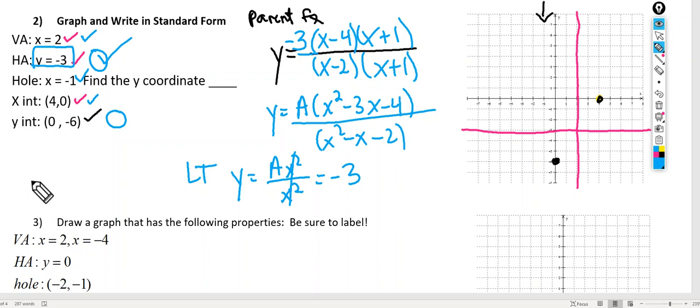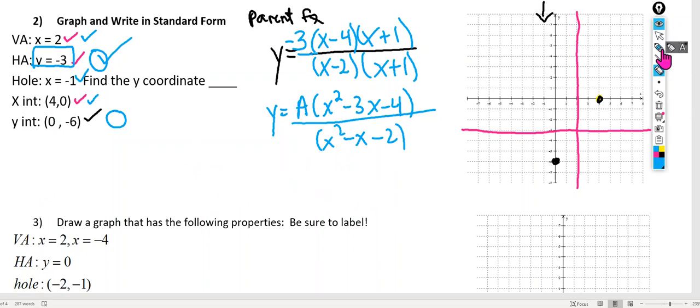Okay. Now, let's say that that was a little bit tricky. Okay. So I'm going to erase the leading term information. And I'm actually just going to use another point and I'm going to substitute and solve. So I can put a -6 in here. I can leave the a value. All right. And I can plug in 0. Okay, I can plug in 0 up here or here.